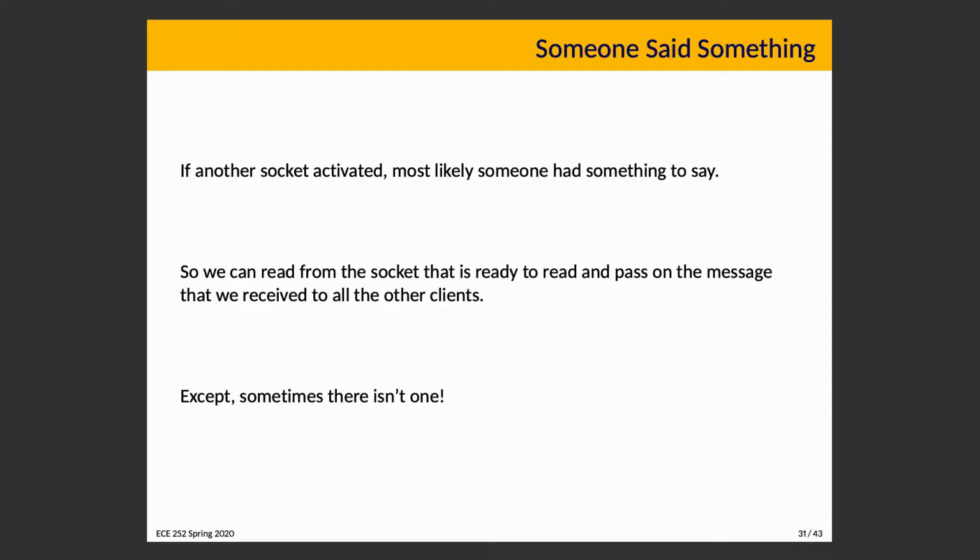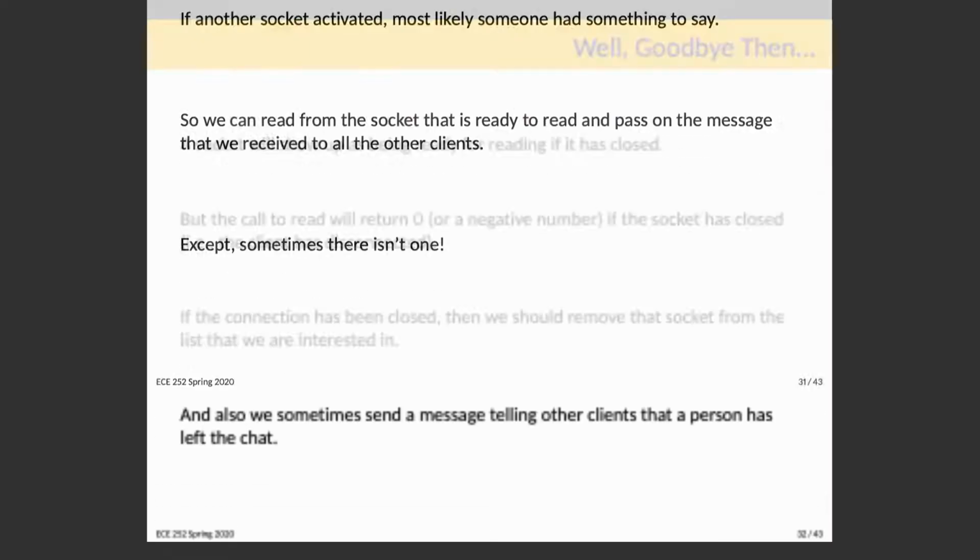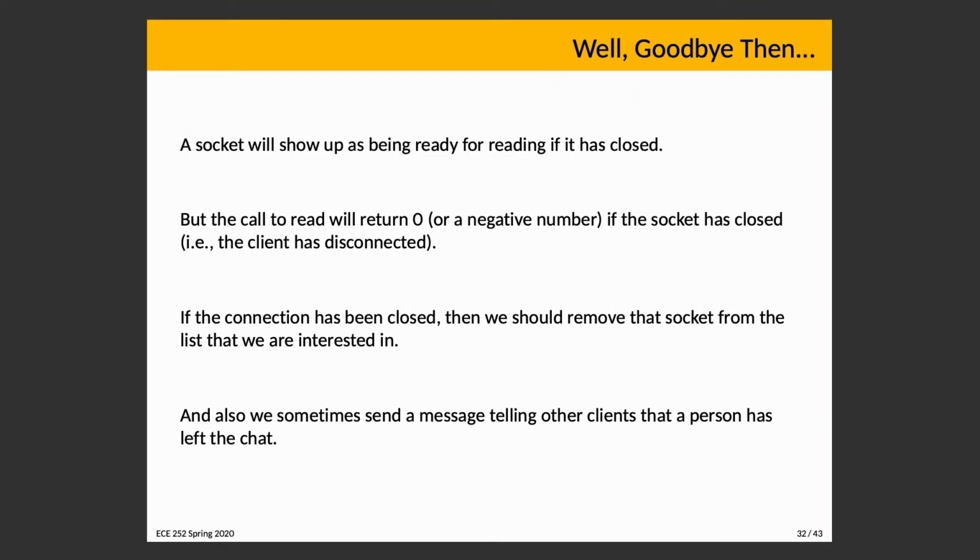Thing is, though, sometimes when a socket is activated, there actually wasn't a message to say. A socket will show up as being ready for reading if it has closed, and the call to read will return 0 bytes read, or a negative number, an error of some sort, if the socket has closed because a client has disconnected.